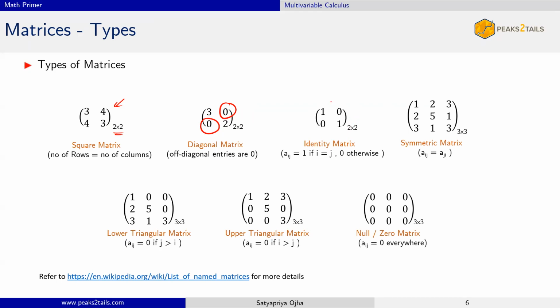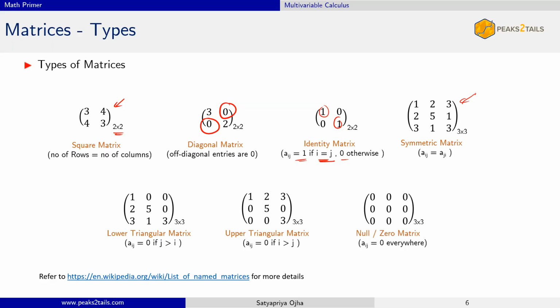Okay. Identity matrix, we use this all the time. Identity matrix is basically you have ones in the main diagonal, all have to be 1. And then everything else is 0. If i equals j, that means the value must be 1, 0 otherwise. Identity matrix. Okay. Symmetric matrix. Symmetric matrix is very common in finance. We have something called covariance matrix or correlation matrix.